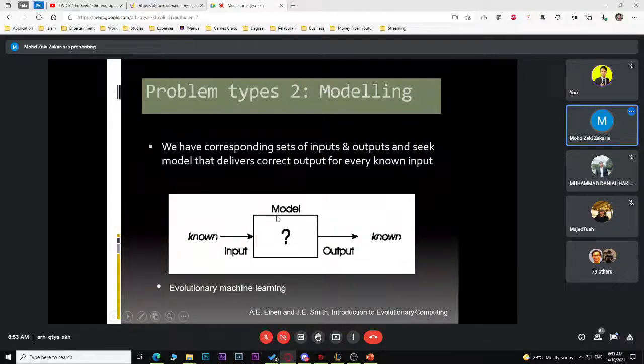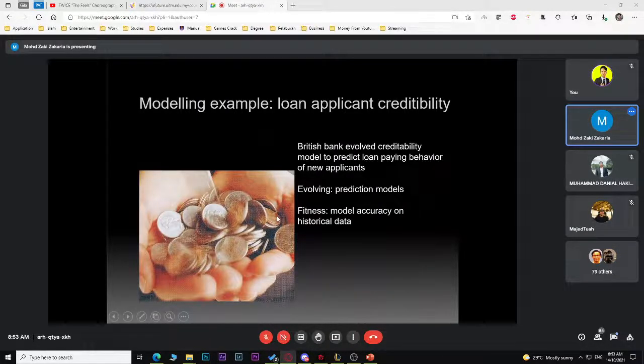Okay, modeling. Modeling example, loan application credibility, fitness function, model accuracy on historical data.